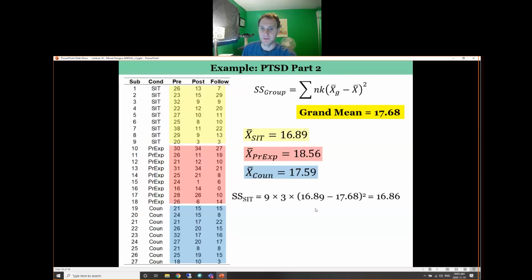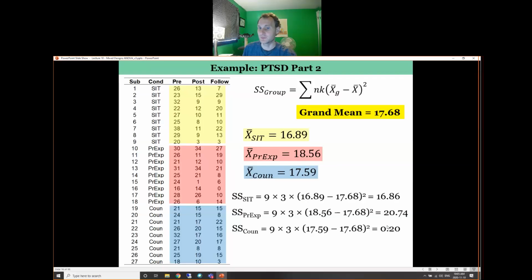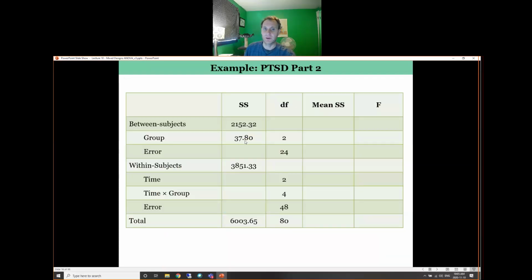So I take 9 times 3 times the deviation between the grand mean and the group mean squared, and do that for each group. Finally taking the sum, and I find it to be 37.80, which I can pop into my table.